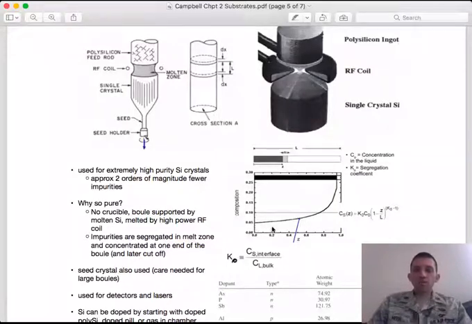And so this allows us, as we melt and re-solidify, we could even do it more than one time, to move the impurities to the end of the crystal. And that allows us to just basically cut off that end of the crystal and remove a lot of those impurities all at once.